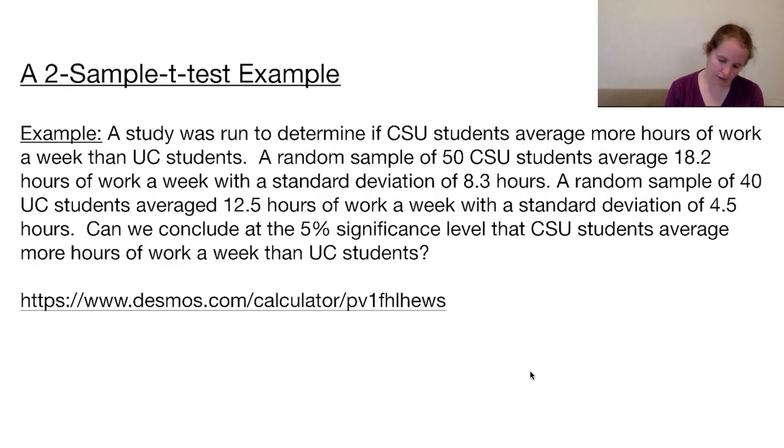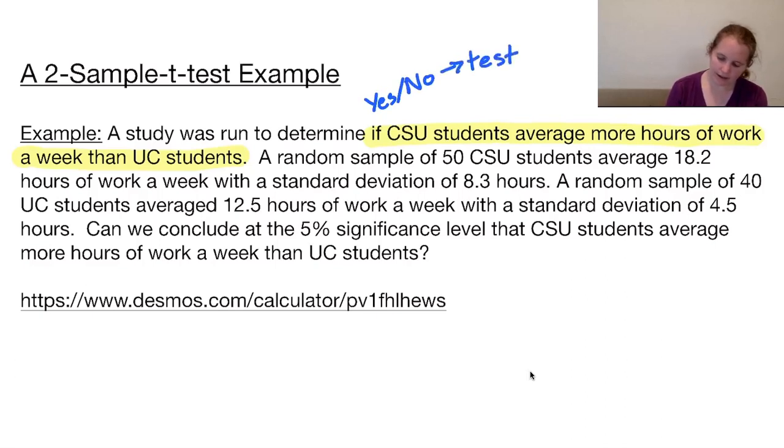So going through here, sort of our research question, we are trying to determine if CSU students average more hours of work a week than UC students. So this is a yes/no question. So this means we are doing a test.